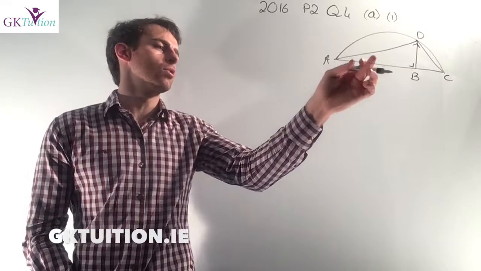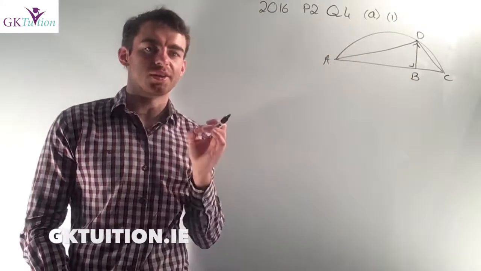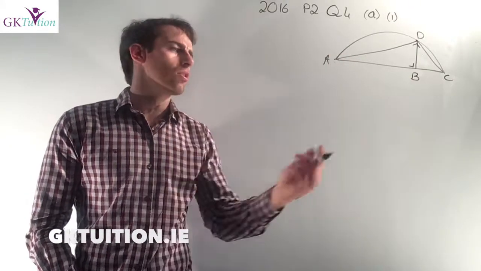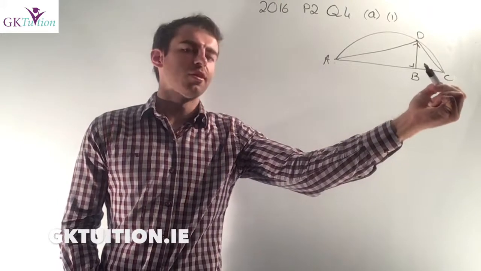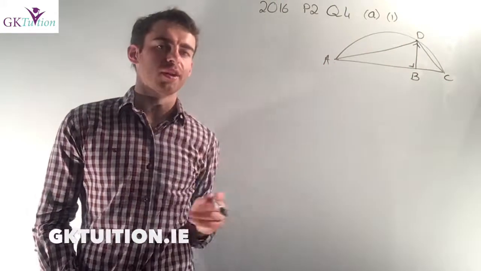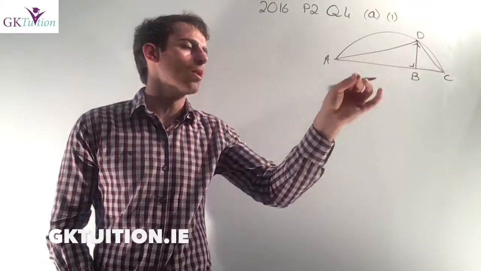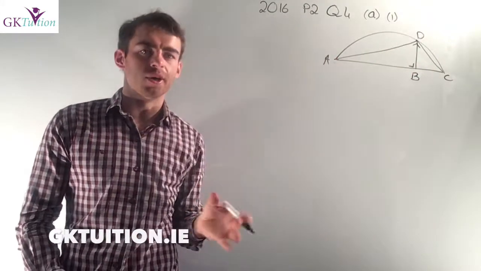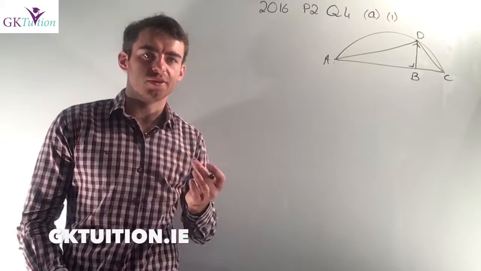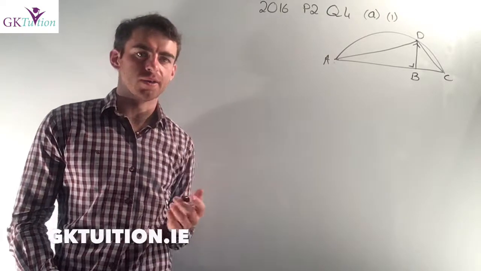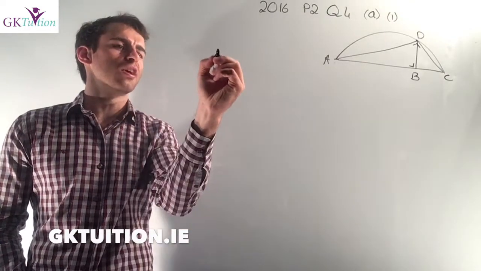So we're going to prove the triangle on the left and the big triangle are similar. And then we're going to prove that the small triangle on the right and the big triangle are similar. If I prove the one on the right and the big one, and then the one on the left and the big one are similar, then clearly all three of the triangles are similar and they all have the same angles. So let's just start that one off.